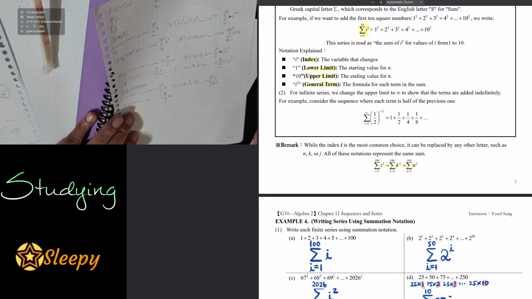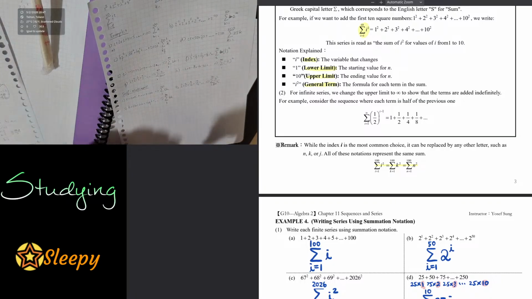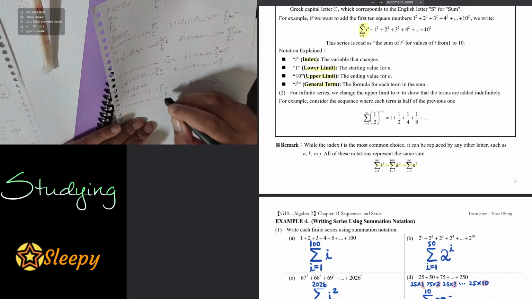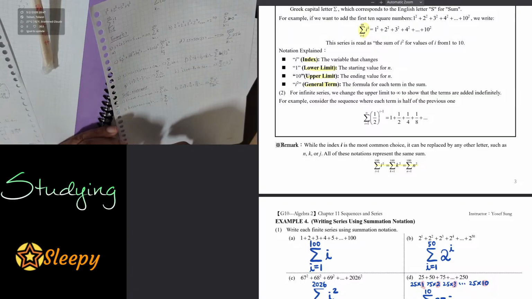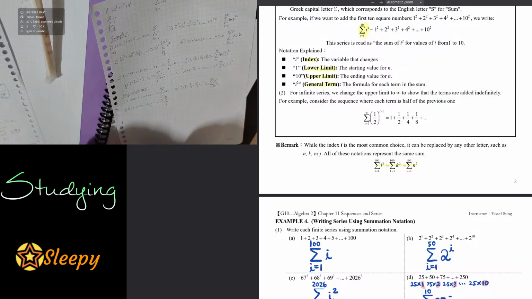I don't know. So 6 times 6, 6 times 6 times 6. So it's k to the power. How do you write this? So it's 6 to the power of k.